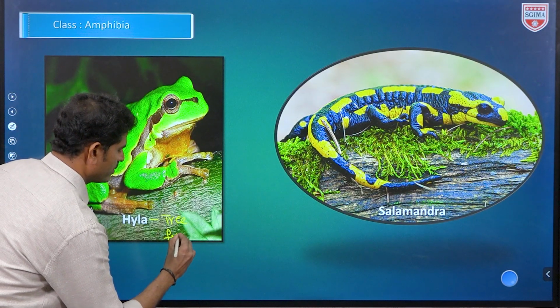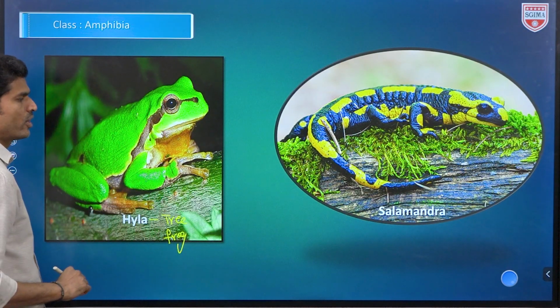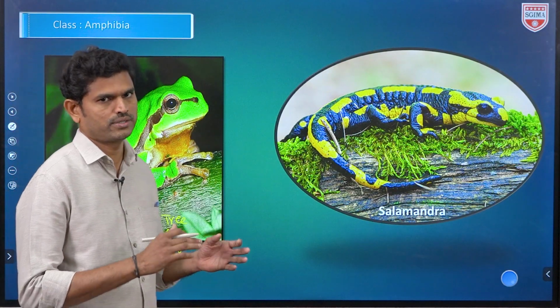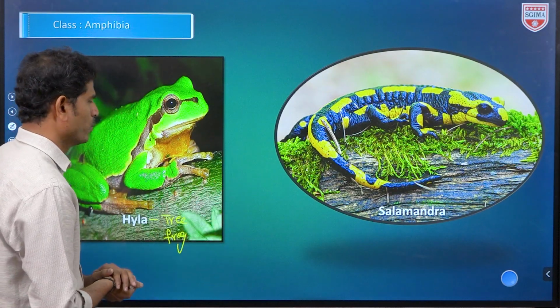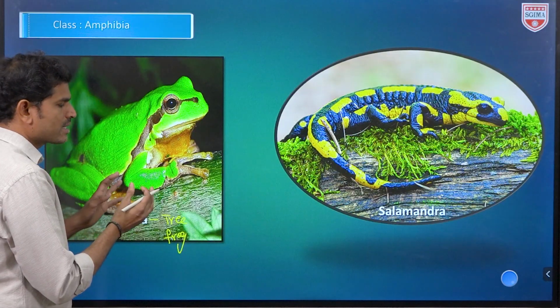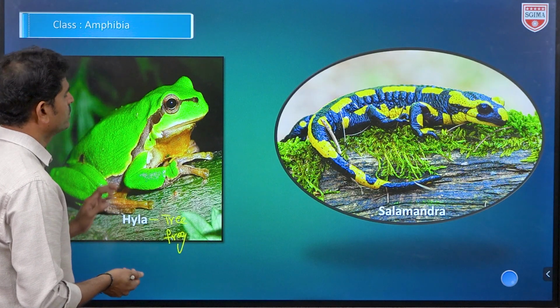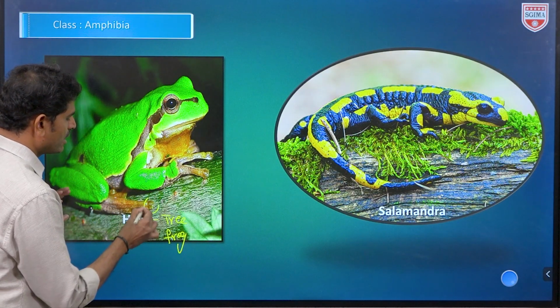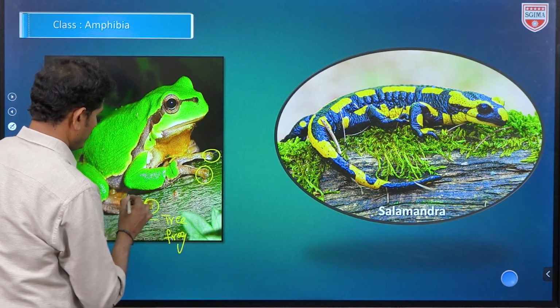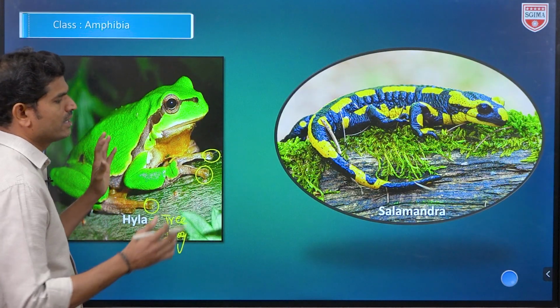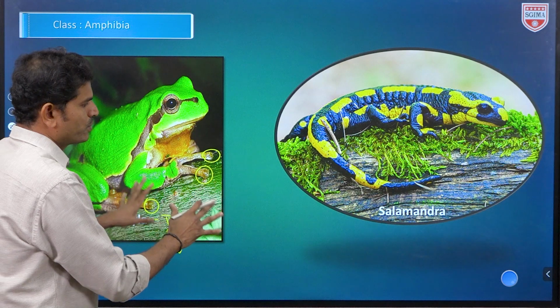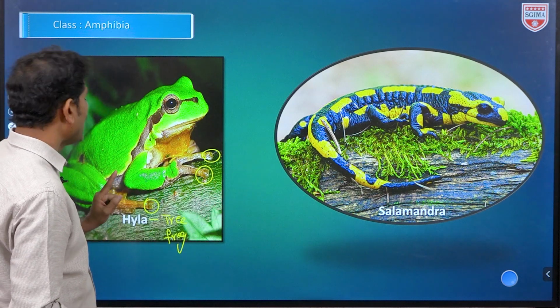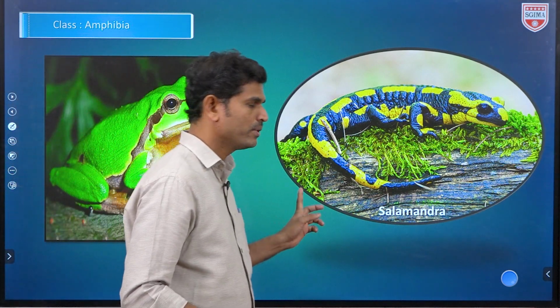These are generally green in color, because of camouflage, to easily escape in the surrounding environment, and its size is also not that large. Here we have to observe its digits, which contain suckers so that it easily attaches to the surface. So this is the Hyla tree frog, the common name is important.